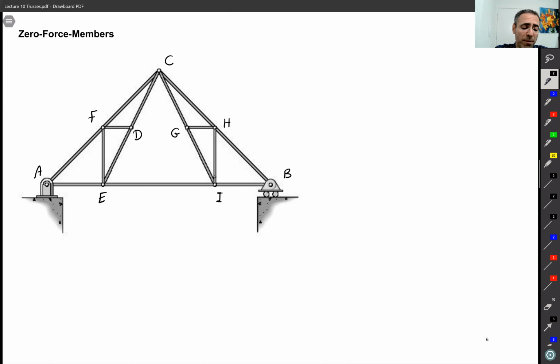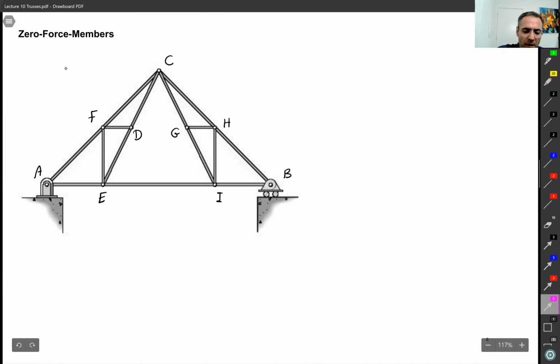And each member, we call it by its name, like we call it AF, we call member FD. That's one thing. And let's say this truss sits on two sides of maybe a river or something, right? And maybe we apply load here.